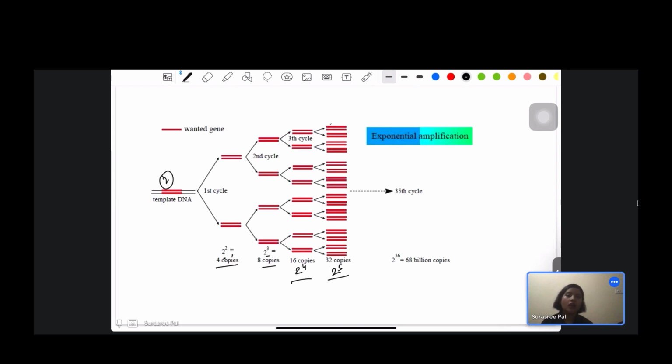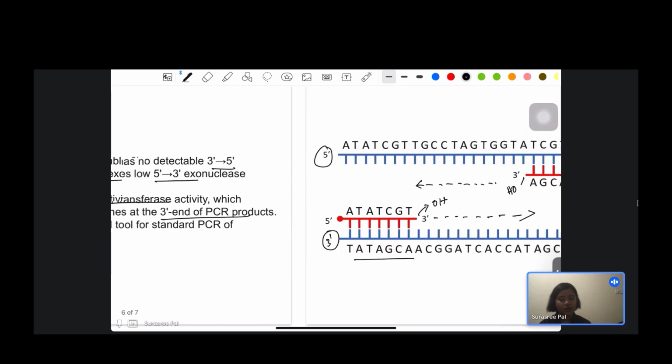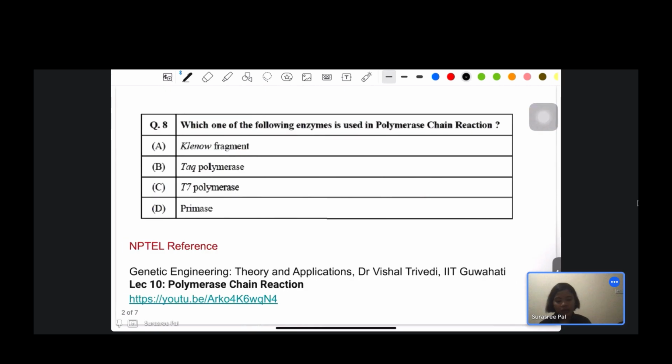Therefore this is an ideal condition where Taq polymerase can be used. So coming back to the question once again, the right answer is Taq polymerase. Which one of the following enzymes is used in polymerase chain reaction? It is called the Taq polymerase.